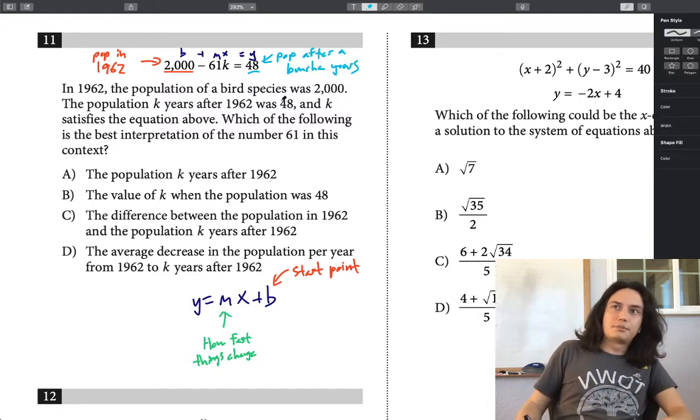And k satisfies the equation above. This equation works. K doesn't not satisfy the equation above. This equation is not wrong, it's right.